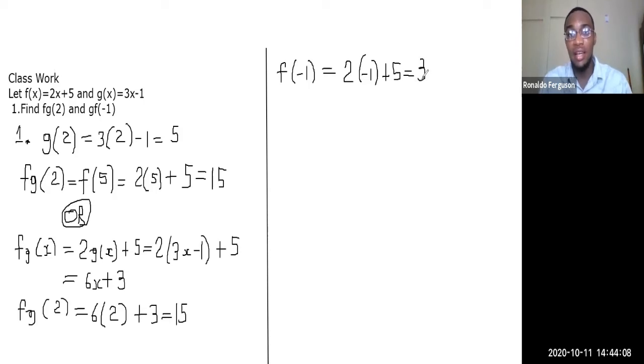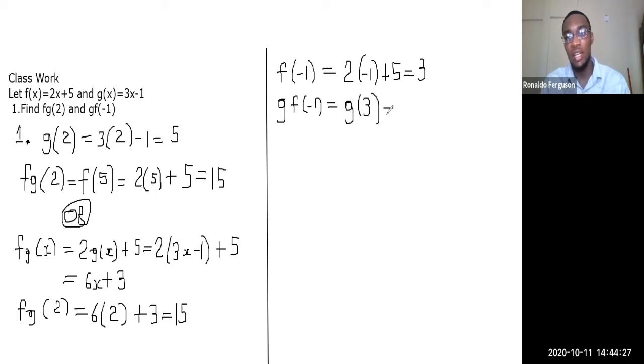And so after we get f of minus 1 is 3, what we then go ahead to find is to say that gf of minus 1 is going to be equal to g of 3, since f of minus 1 is 3. So what we're finding is g of 3.